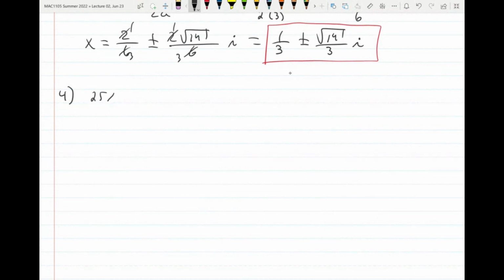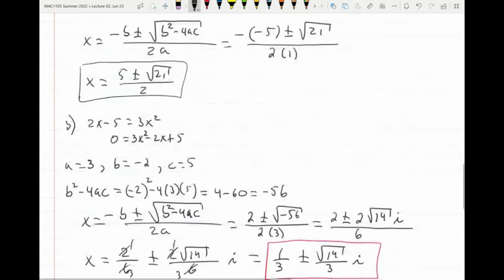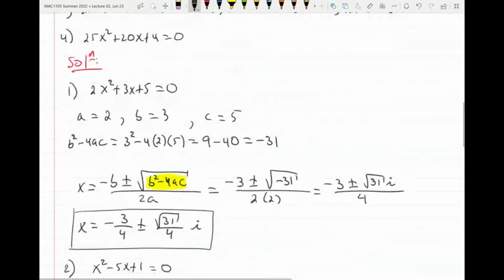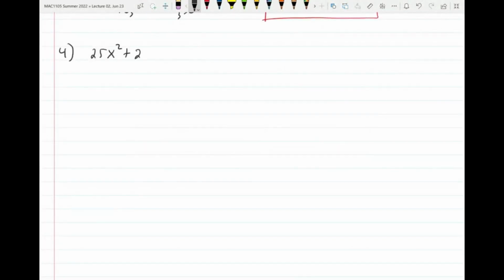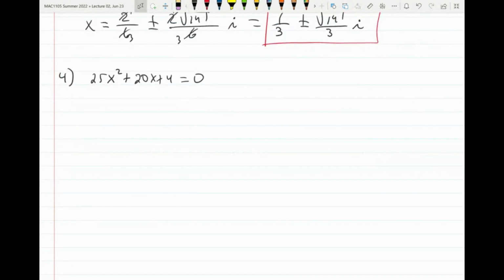Okay, so this one could be done also by factoring, by the way, but let's do it using the formula, okay? You should be fine already identifying A, B, and C, so typically we don't actually write that down. That's already implicit in here. So I'm going to go straight to what I need.